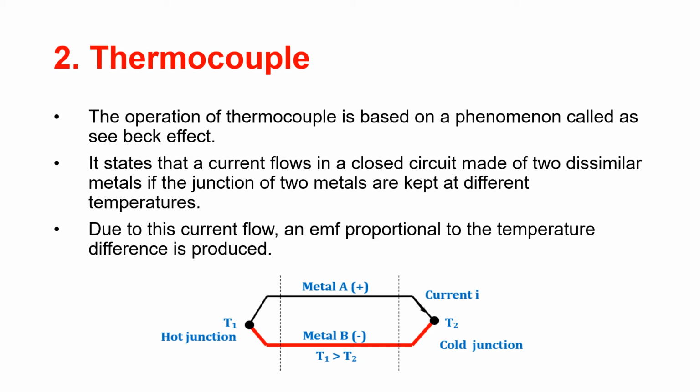In this figure, T1 is the hot junction and T2 is the cold junction. So the total EMF produced is directly proportional to the temperature difference, that is T1 minus T2, hot junction minus cold junction.